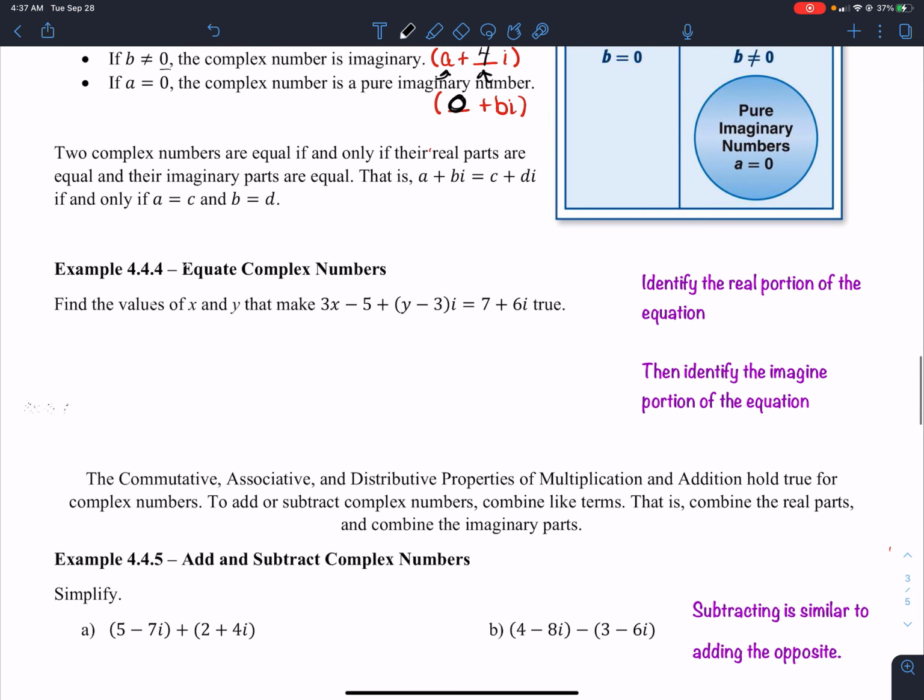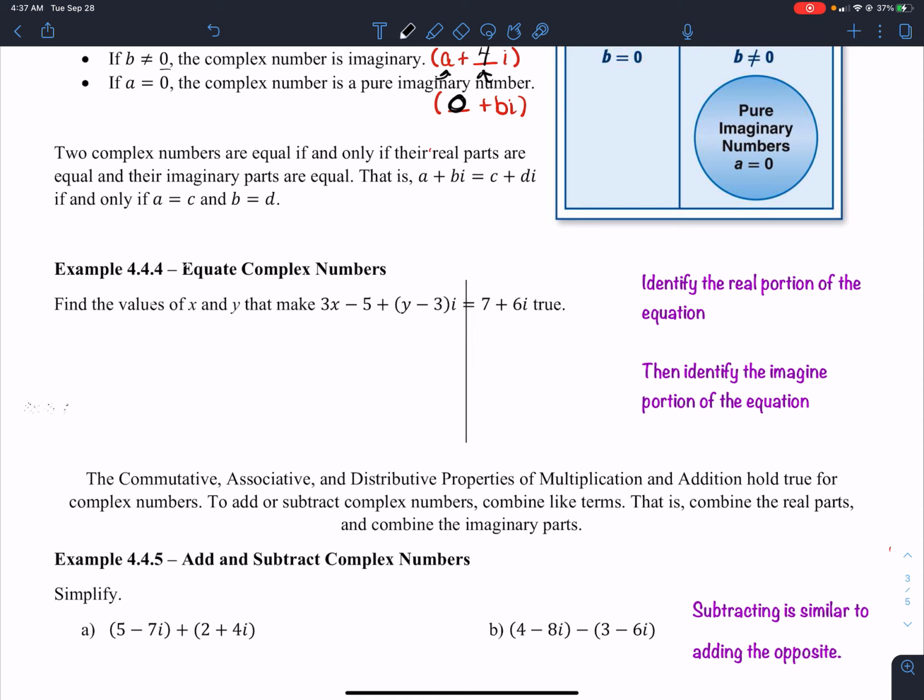All right, example 4.4.4. We are going to solve or simplify complex numbers. Now here's the thing. I said every complex number has to have an a value and a bi value. So we have to identify which part is the a and which part is the imaginary. So which part is a real number, which part is the imaginary number. Right?